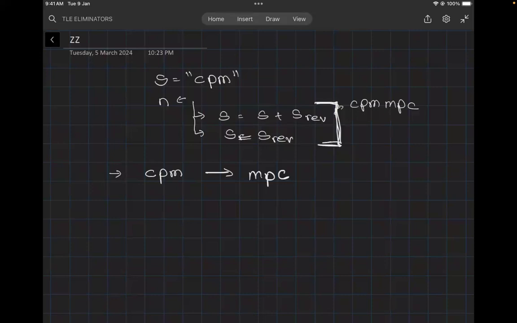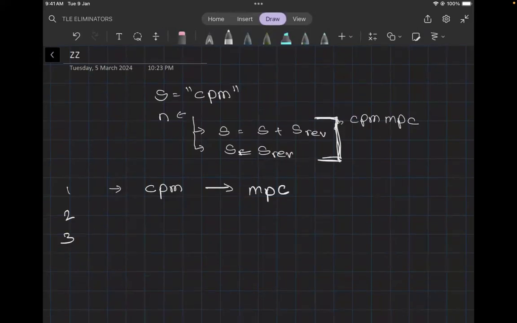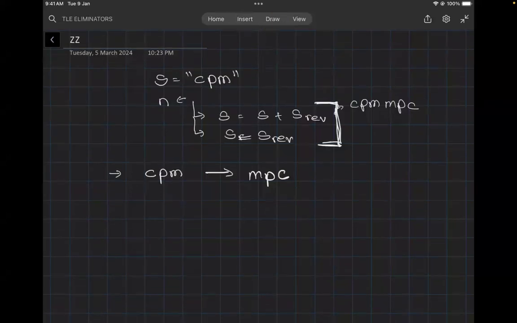Consider n to be even right now, so n can be 2, 4, 6, 8, 10, and so on.